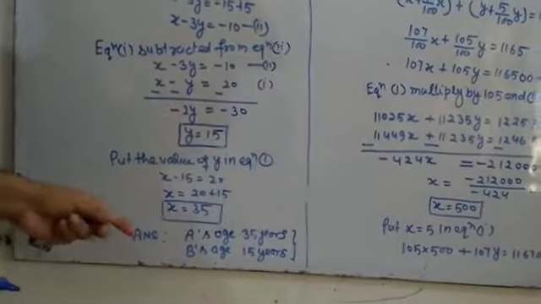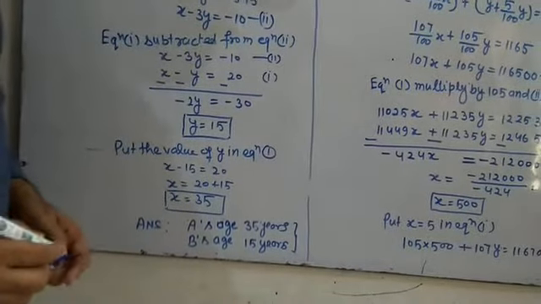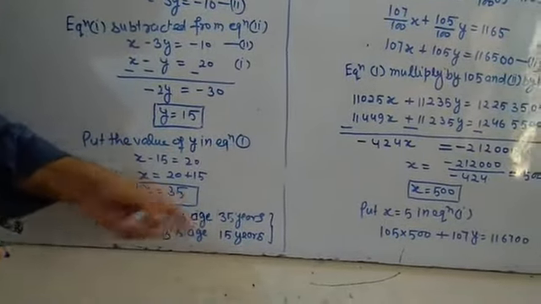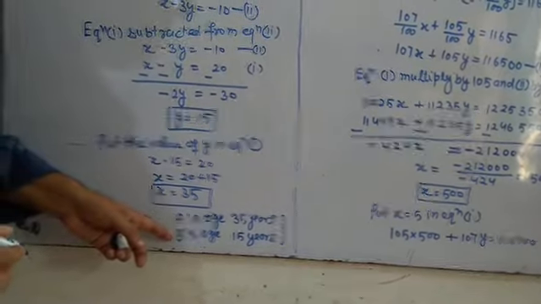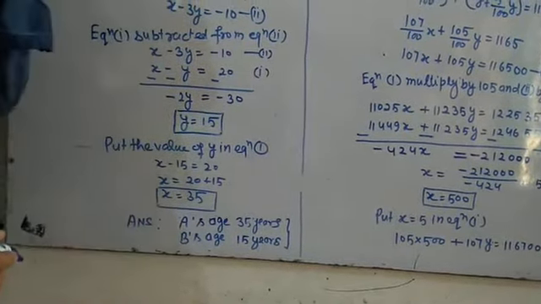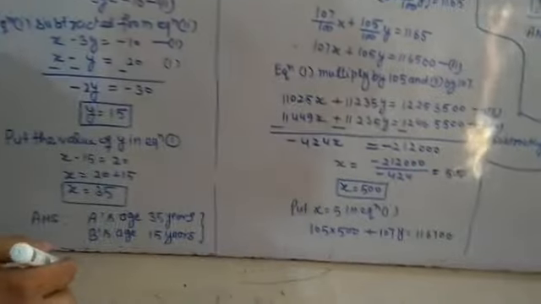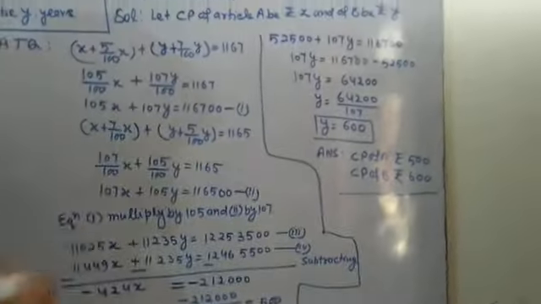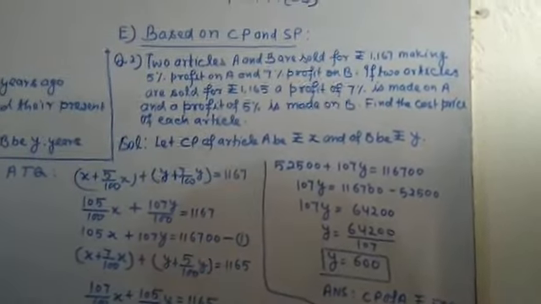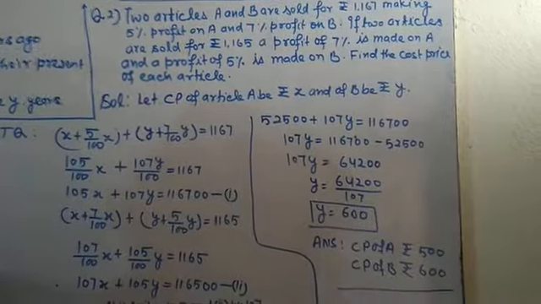Answer: the present age of A is 35 years and the present age of B is 15 years.